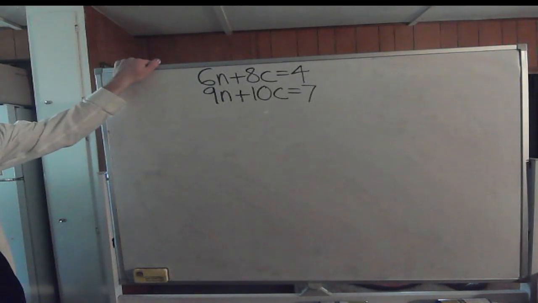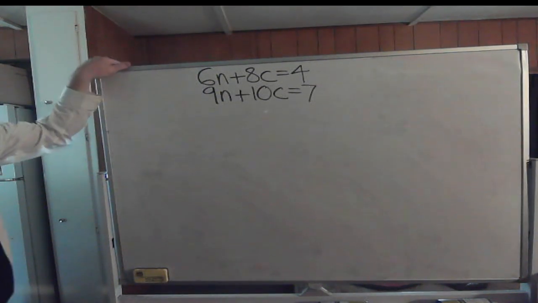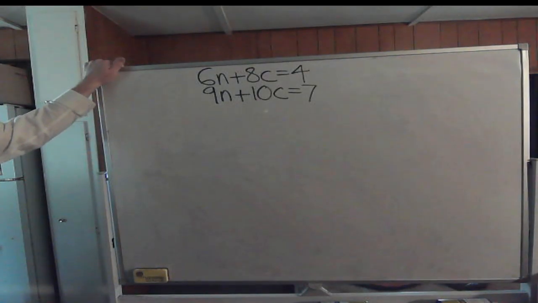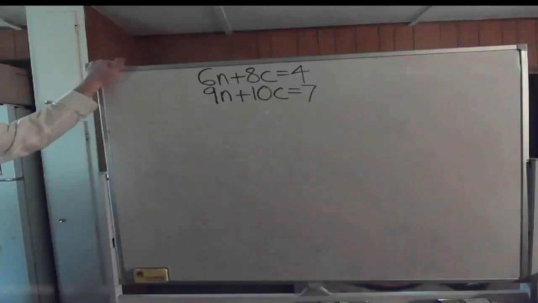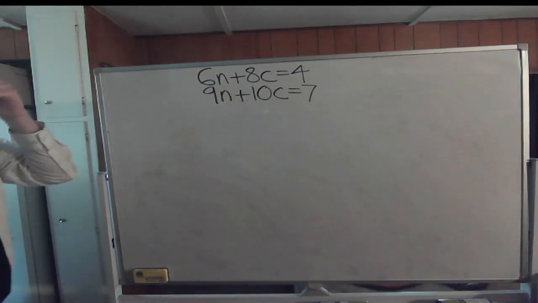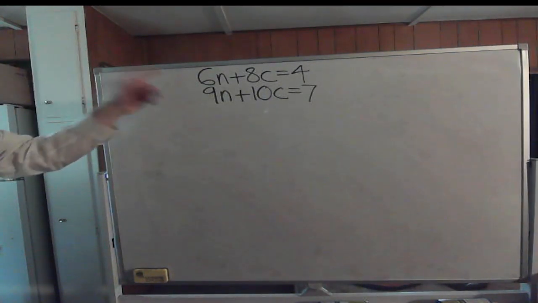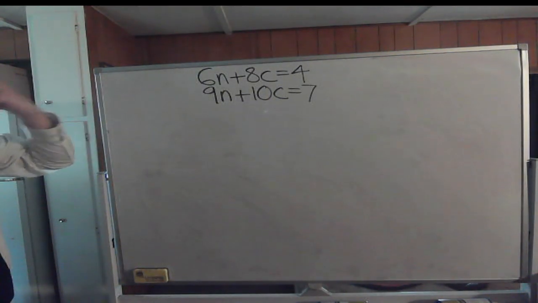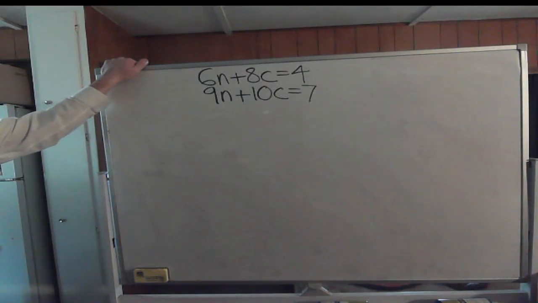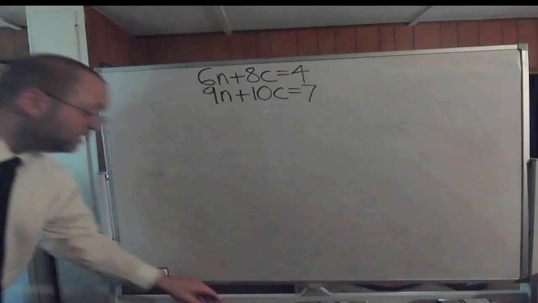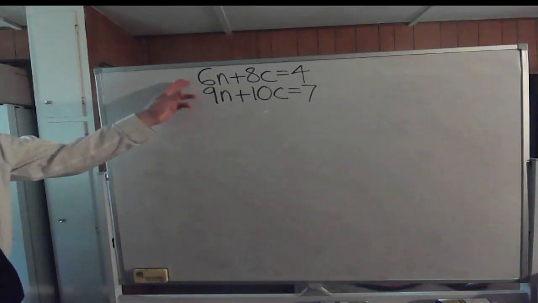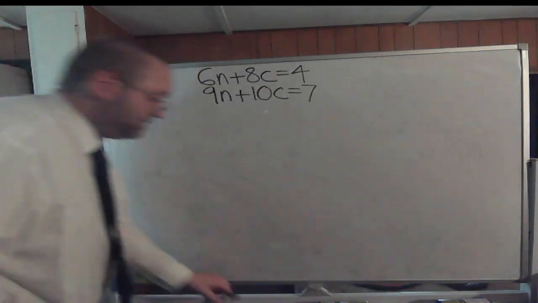again, this isn't one where you're simply just going to multiply one equation and then have the same coefficient. You could figure out the least common multiple of your coefficients. Like, for example, let's go with 6 and 9. What's the least common multiple of 6 and 9? That's going to be 18, right? So your least common multiple of 6 and 9 is 18.